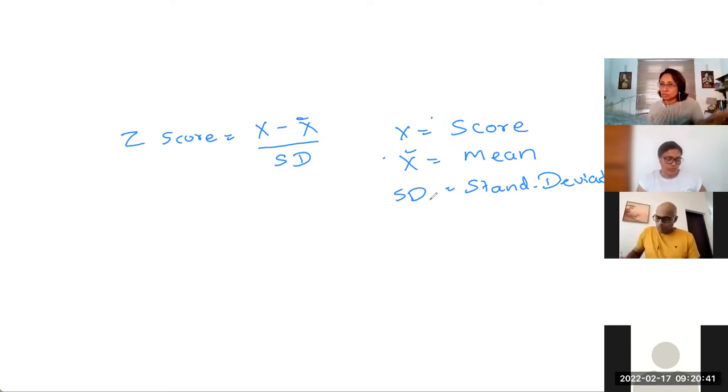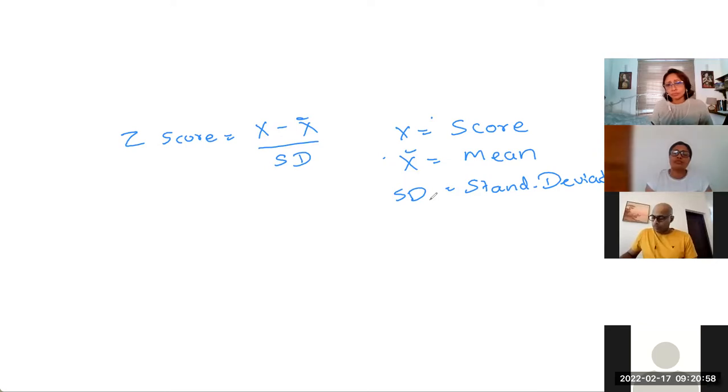So if it's 5 scores, 5 minus 1 is 4, and there you get the variance. The square root of that variance is the standard deviation. So it's quite easy to find the standard deviation.